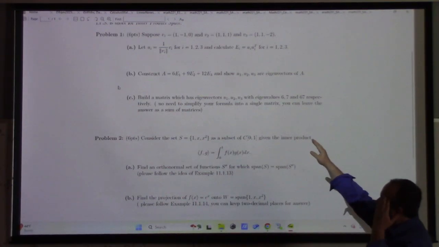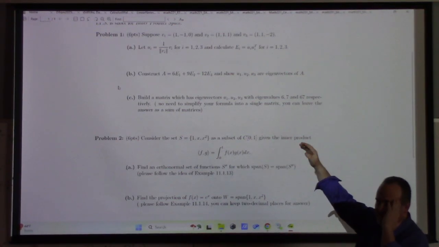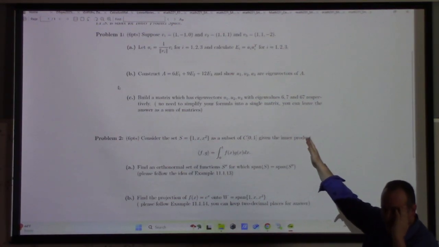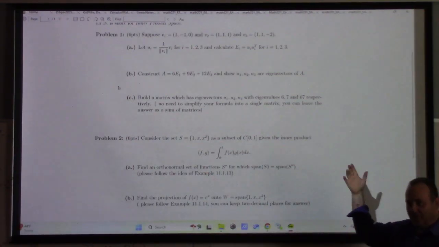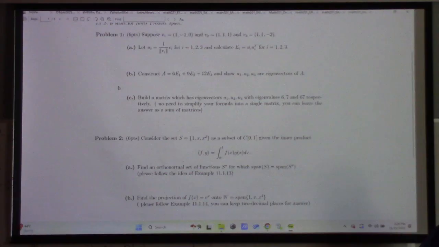And I wanted to make you guys normalize them. So I made that step 1, you guys have to normalize the vectors, okay? This is an important skill that you should acquire before the next test. I think it won't be an issue.